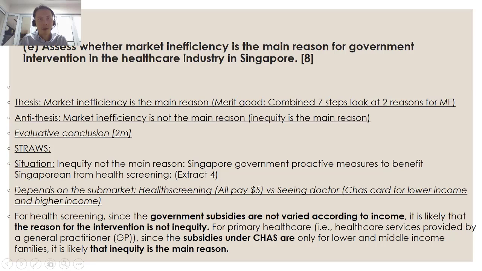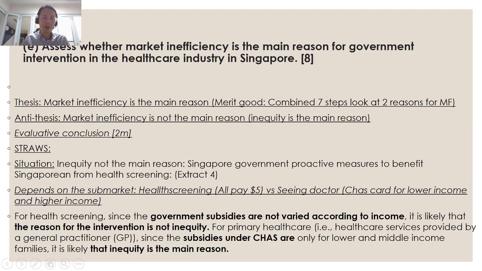Furthermore, it is dependent on the sub-market. For health screening, all of us just need to pay $5, versus when you see a doctor, the low income actually pay less because they have the charge cut.